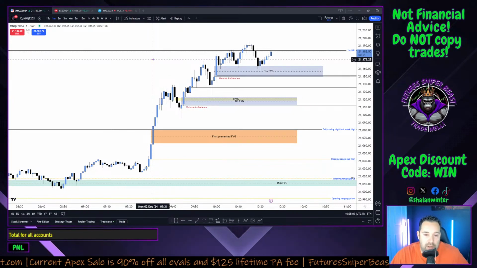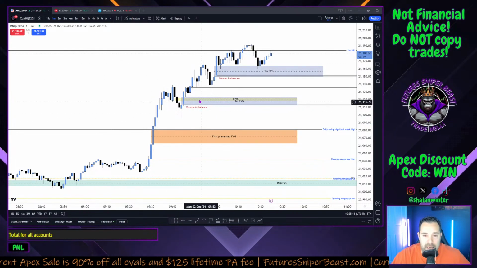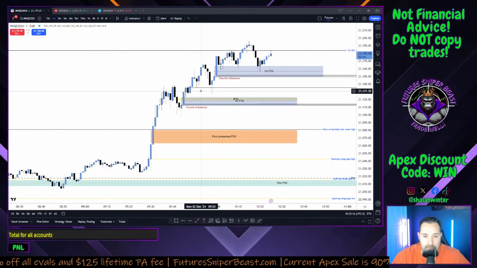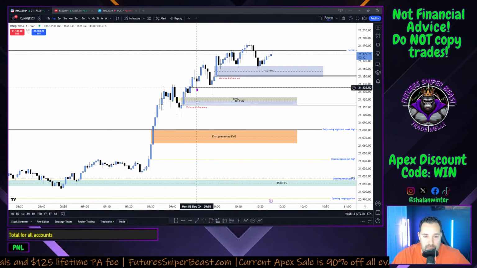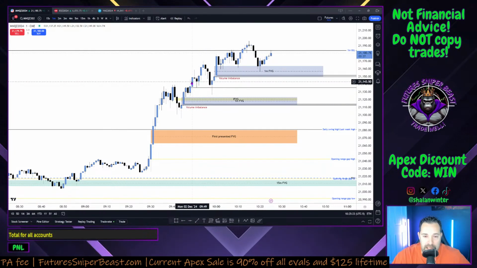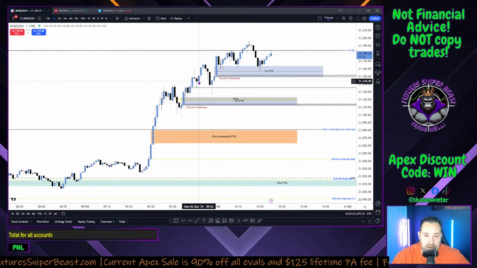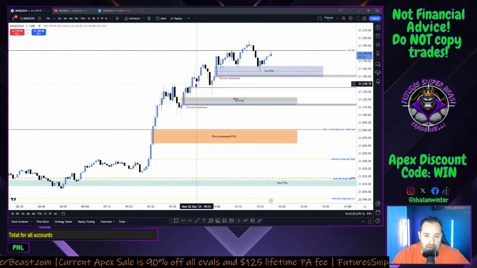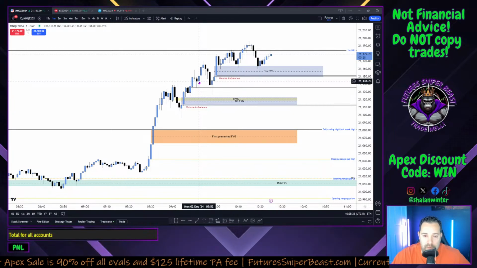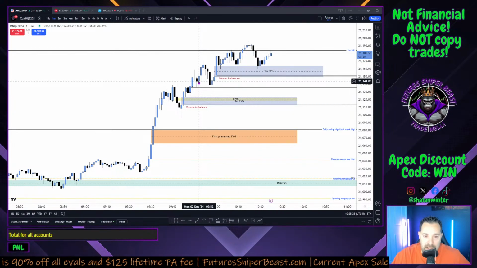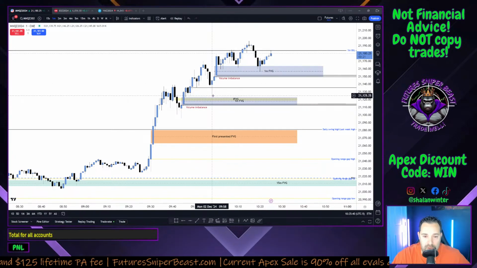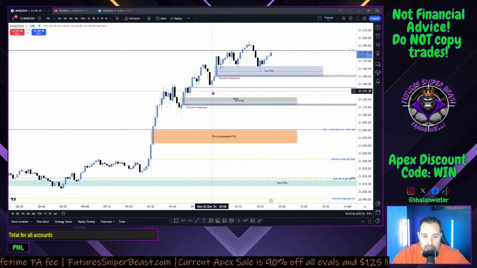So my framework, like I said, had it if I would have gotten this right here, along in this area. But see, this is where earlier I was saying I could have gotten long right here when this body closed and couldn't reach the midpoint of this wick. That would have been at about 44. And then my stop, I said, would have had to for sure be under this. So it would have gotten close before it hit the target.